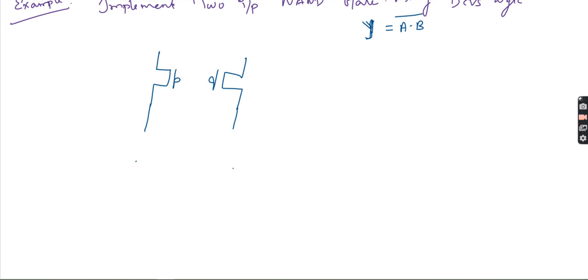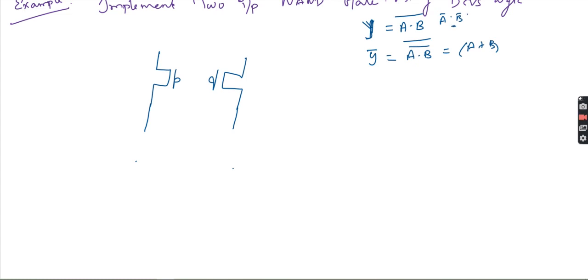This side is Y and the right side is Y bar. So Y bar will be A dot B the whole bar, which will become A plus B. So now you got this one is A bar dot B bar.